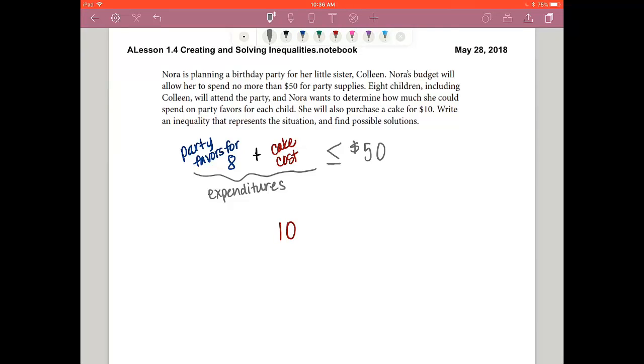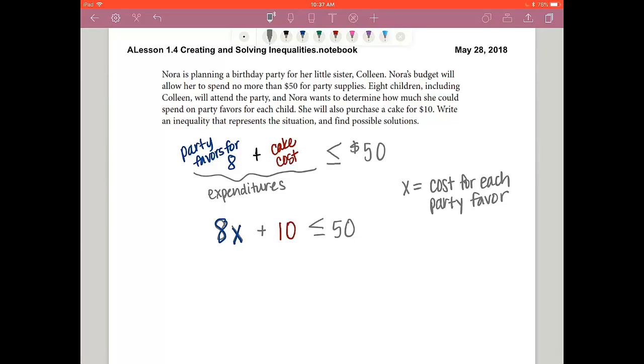Well, the cake cost is $10. The party favors, we don't know how much each party favor costs. So we're going to say x equals the cost for each party favor. So we'll take 8 times x plus 10 is less than or equal to 50.